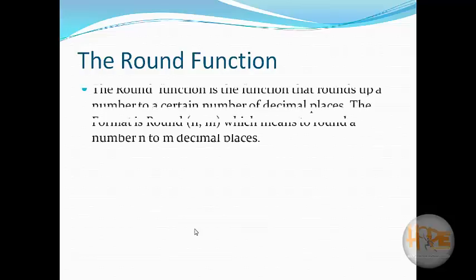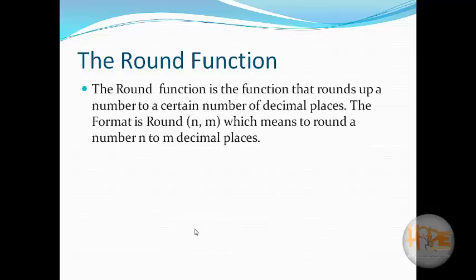Now let's see the round function. The round function rounds a number to a certain number of decimal places. The format of the round function is round in brackets. We have to pass two parameters, n and m, which means to round a number n to m decimal places.